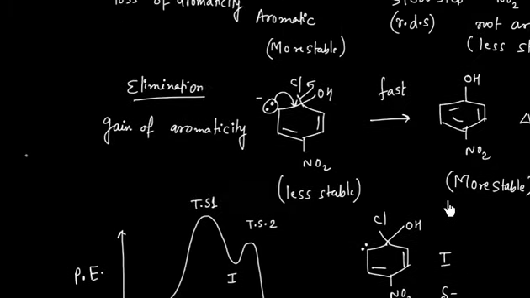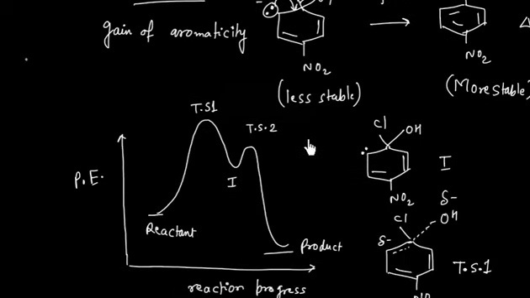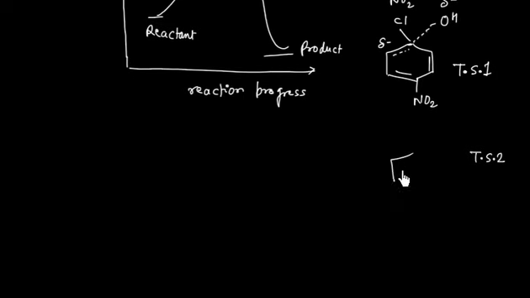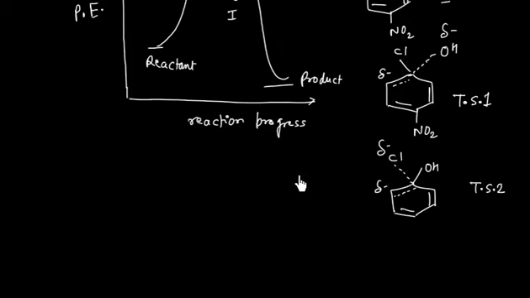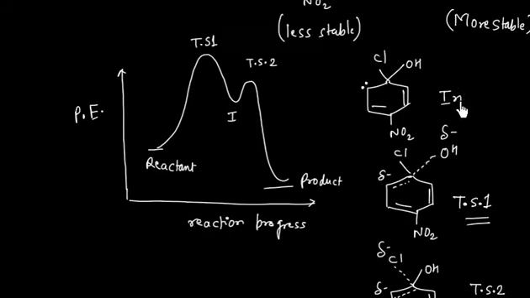In transition state 2, we are forming a bond here and we are losing a carbon-chlorine bond. The OH bond is complete. So this is breaking and this is forming. Chlorine will have a delta negative charge, and this will also have a delta negative charge. So this is transition state 2, and this one is the intermediate.